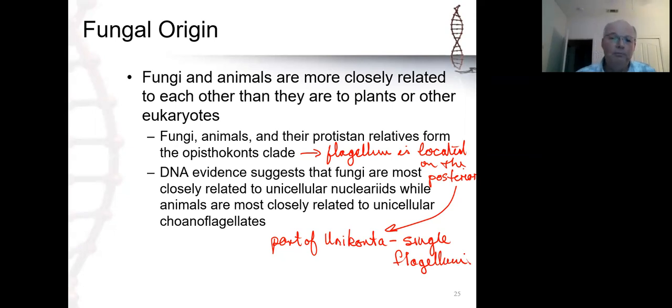So the two important things here are that the fungi and animals are part of the same major clade on the basis of DNA evidence, called the Opisthokonts, where the flagellum is located at the posterior of the cell, and it's a single flagellum, on the basis of being assigned to the supergroup Unikonta, "uni" and "konta" referring to flagellum.